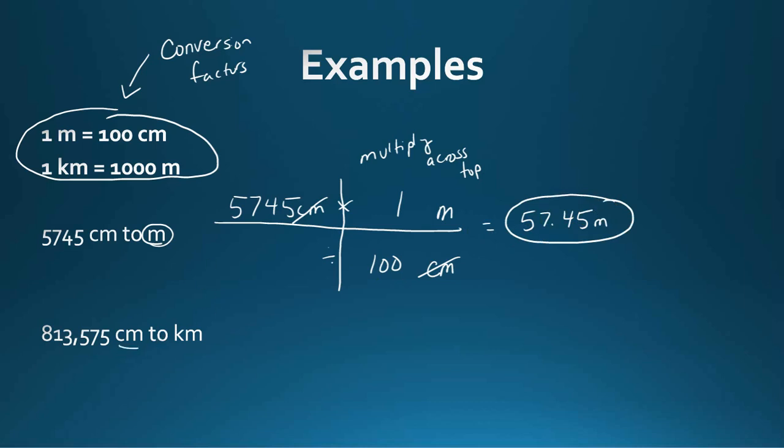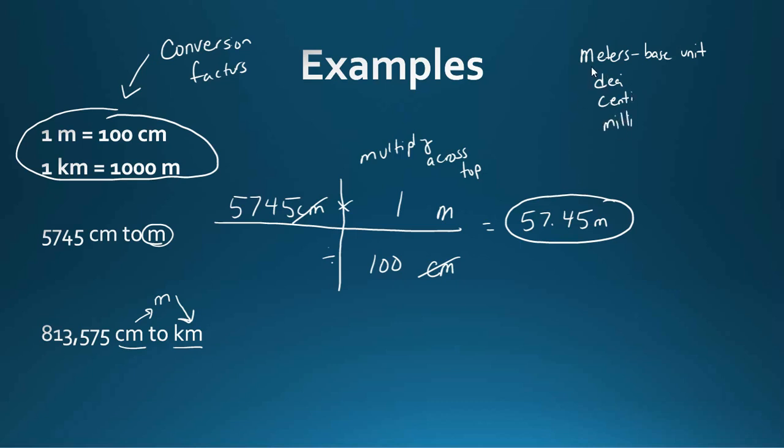Now, if we want to go from centimeters to kilometers, that's a two-step conversion. In order to go from centimeters to kilometers, we have to first convert centimeters to meters, and then go from meters to kilometers. That's because meters is a base unit. Smaller than meters, we have centimeters, we have decimeters: deci, centi, and milli.